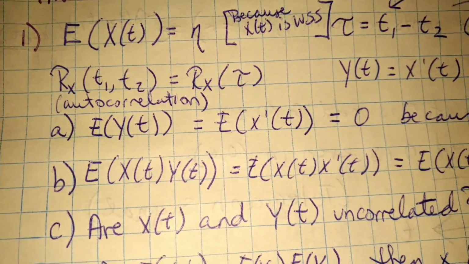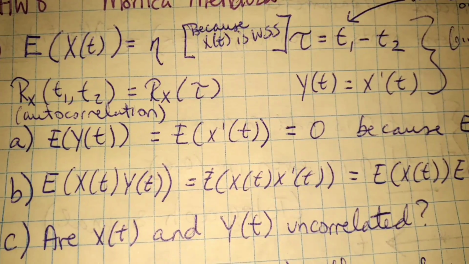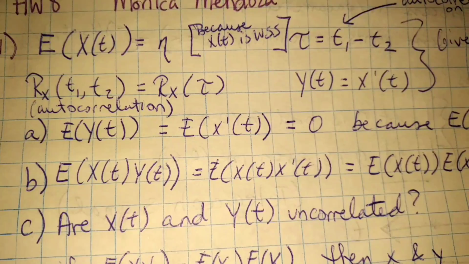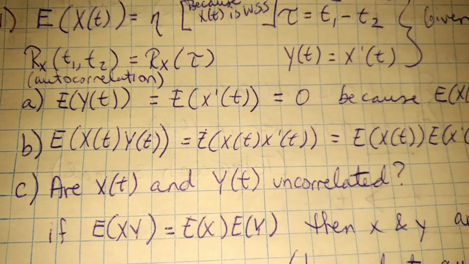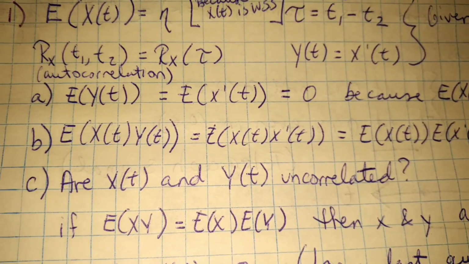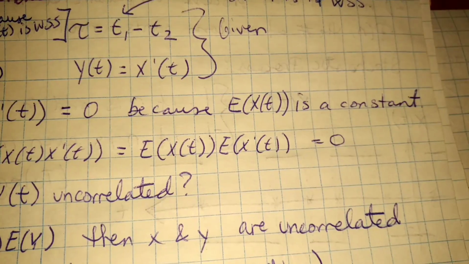And the next part, part C, asks us if x of t and y of t are uncorrelated. We know from a few lectures back that if e of x times y is equal to e of x times e of y, then x and y will be uncorrelated.